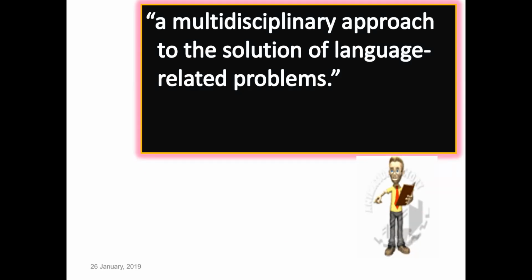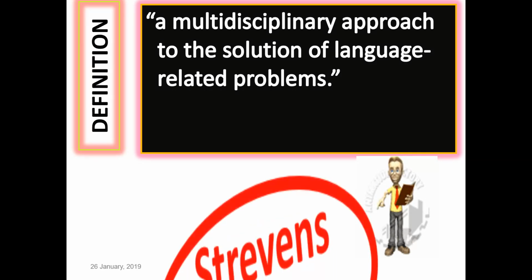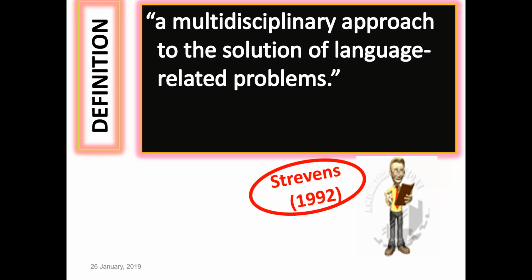Well, applied linguistics, according to Stevens, is a multidisciplinary approach to the solution of language-related problems. That is, applied linguistics carries many ideas from different disciplines. Applied linguistics is not a single discipline consisting of a single area of discussion.